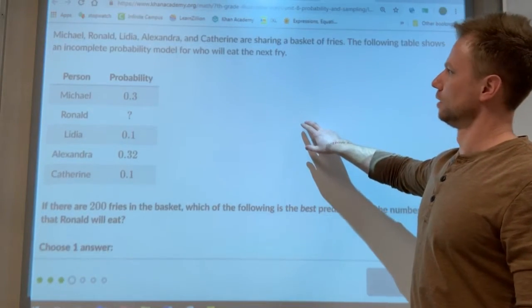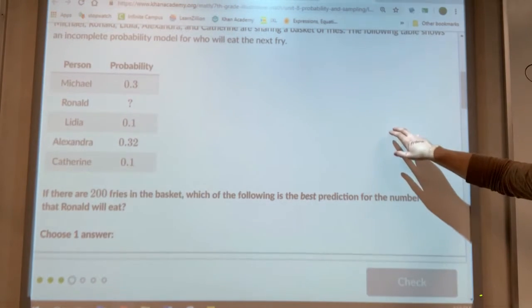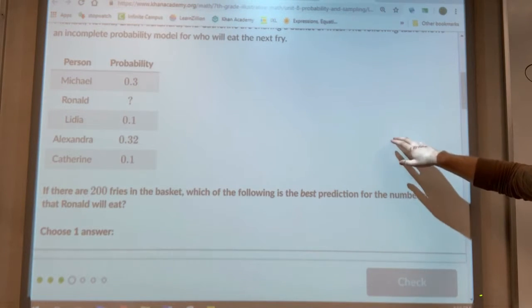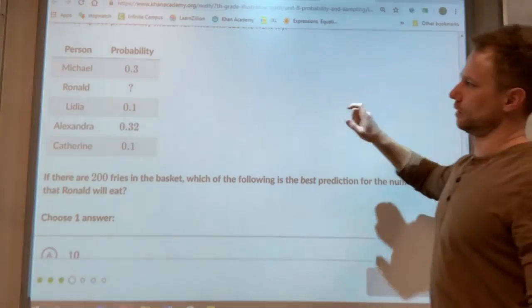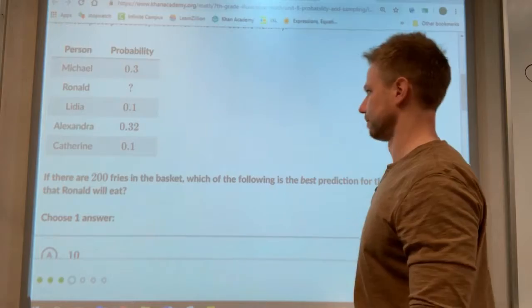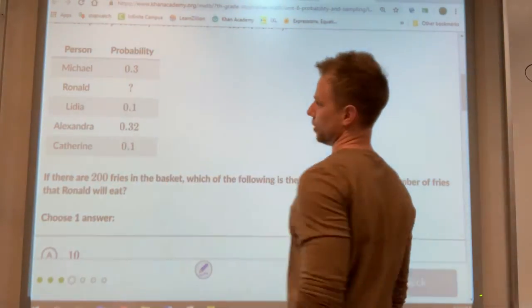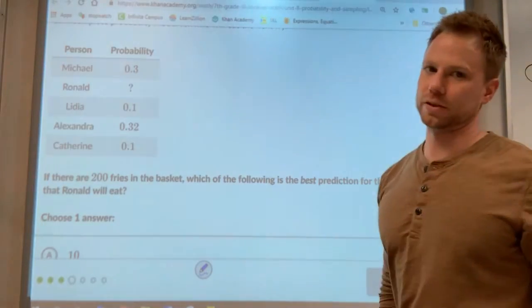All right, here. Okay, these people are sharing a basket of fries. The following table shows an incomplete probability model for who will eat the next fry. Okay, again, all the different choices add up to 1. So if we add up what we have so far, we should be able to figure out the probability for Ronald.